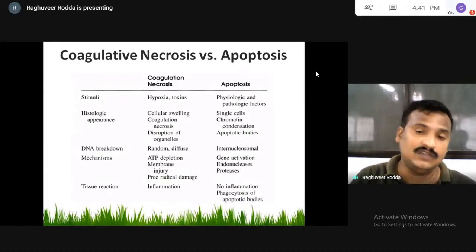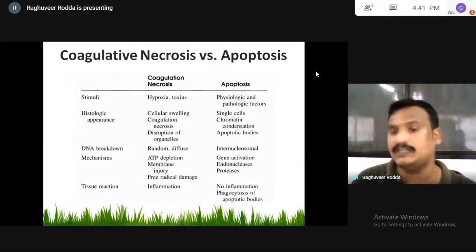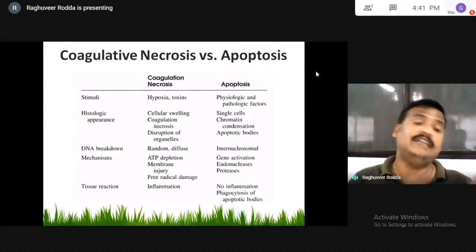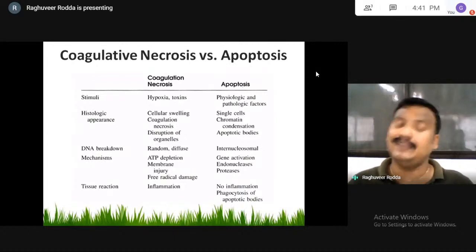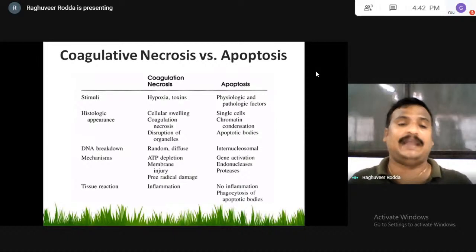New genes get activated and come into the expression region. They will produce endonucleases and a set of proteases, and they kill the cell; the cell kills itself. It is one type of suicide, following a specific pattern.